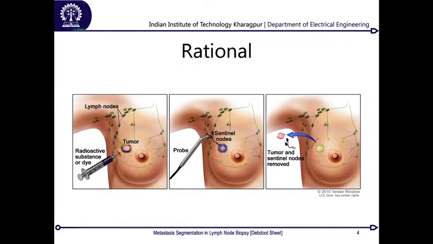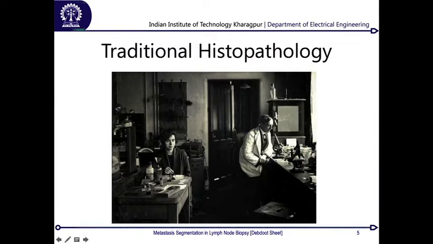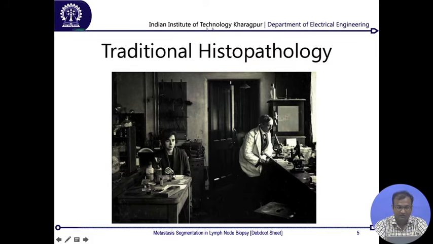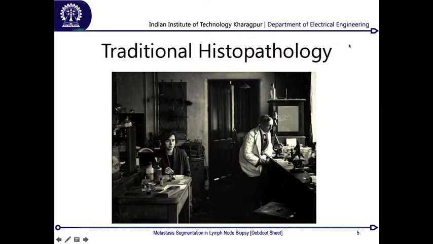The traditional practice is what is called histopathology. In standard terms, histo is basically tissue, and pathology is understanding the disease pathway. So it is disease pathway analysis and understanding within tissues itself.